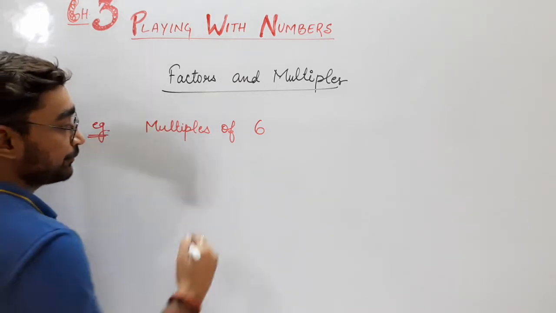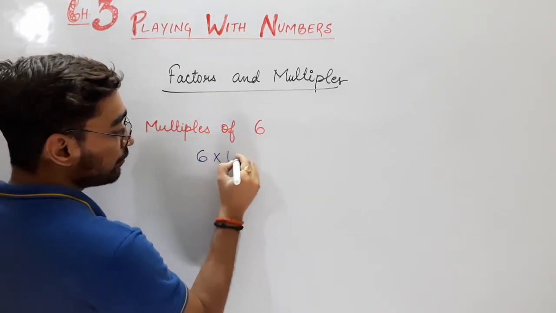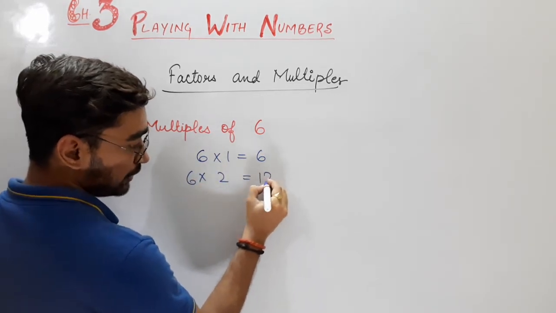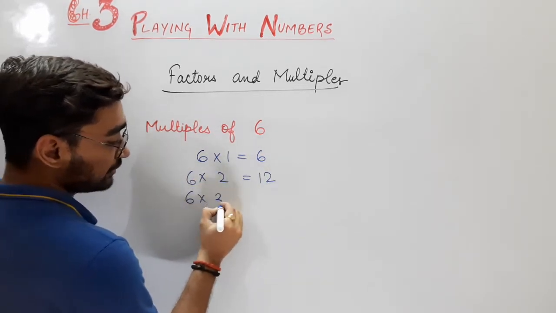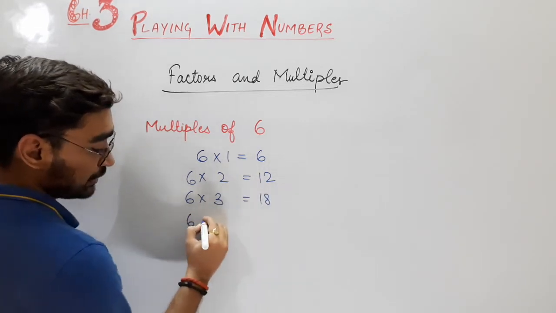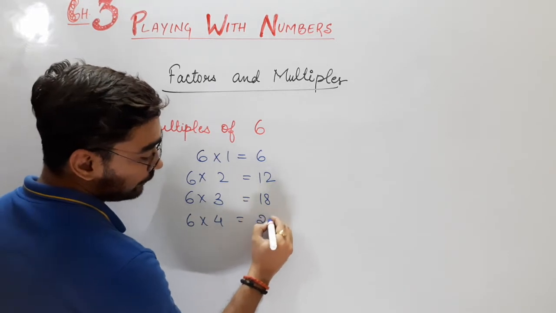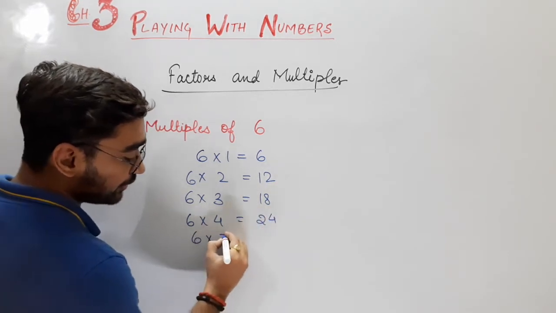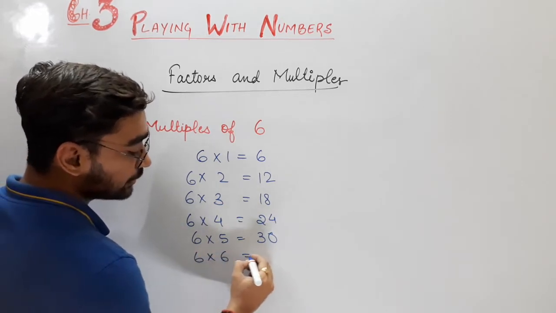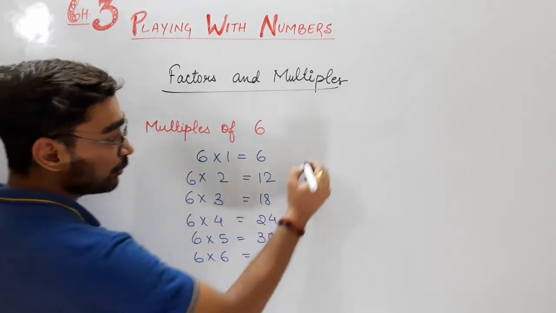So 6 into 1, 6, 6 into 2, 12, 6 3s are 18, 6 4s are 24, 6 5s are 30, 6 6s are 36. Like that you can prolong.